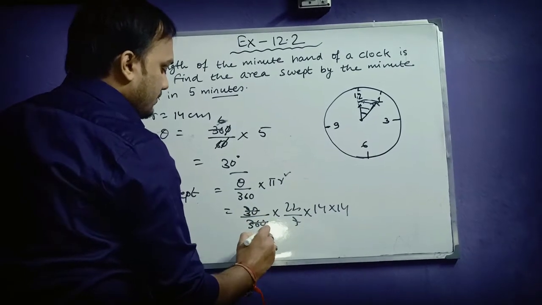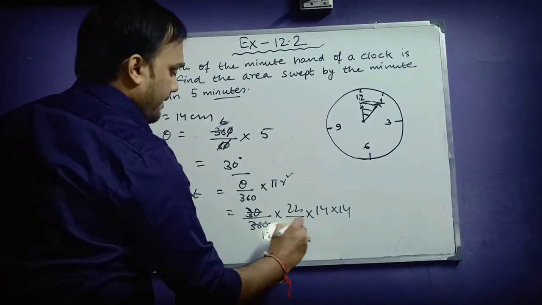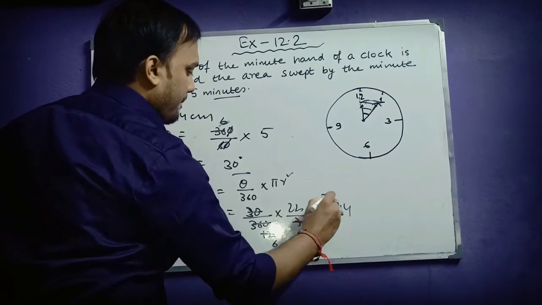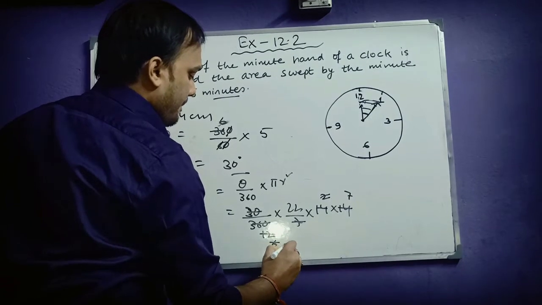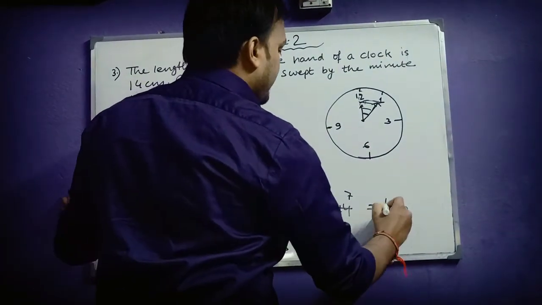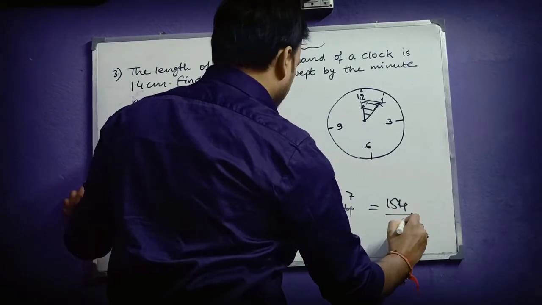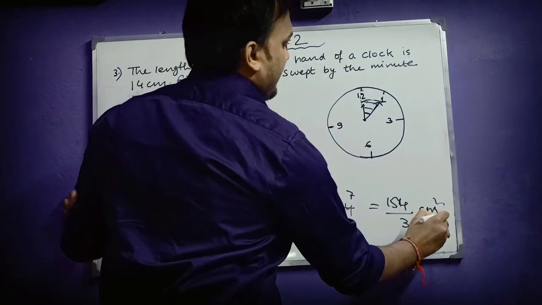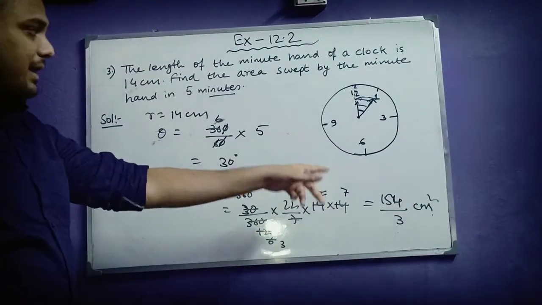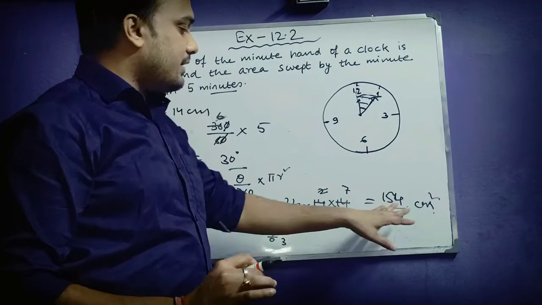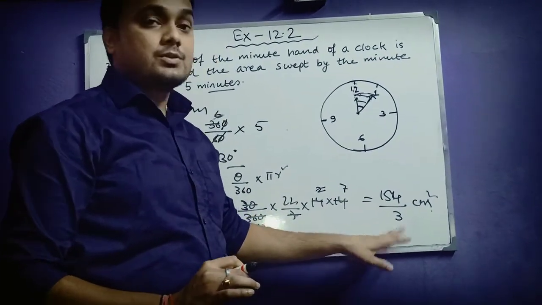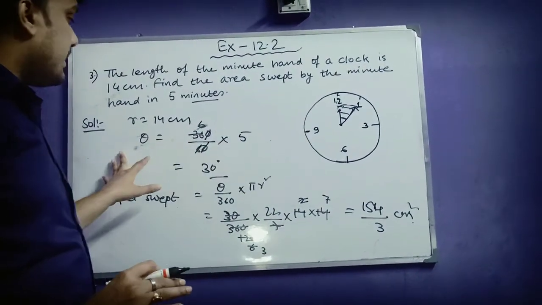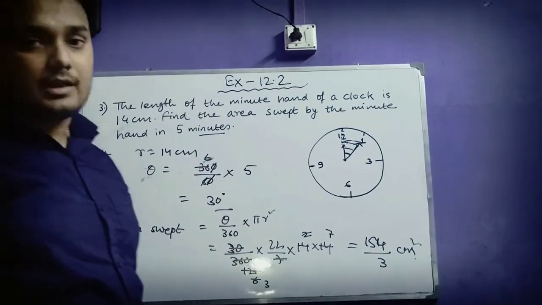So it will be equal to 154 by 3 centimeter square. So this is our answer. The area swept by the minute hand in 5 minutes is 154 by 3 centimeter square. So first we need to find the central angle, that is theta here, which is 30 degree, and then we can finally get the answer here.